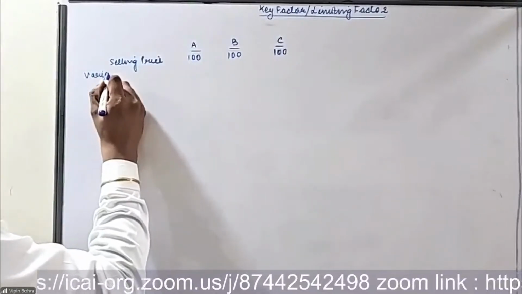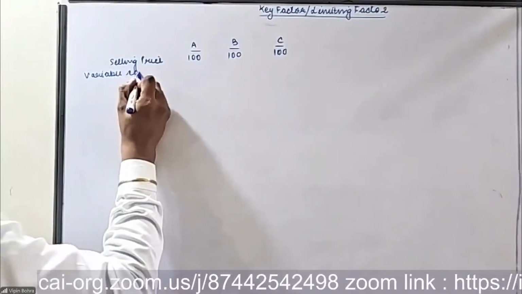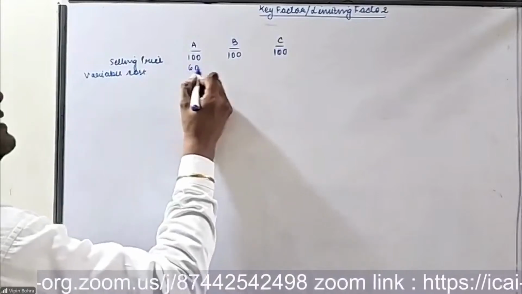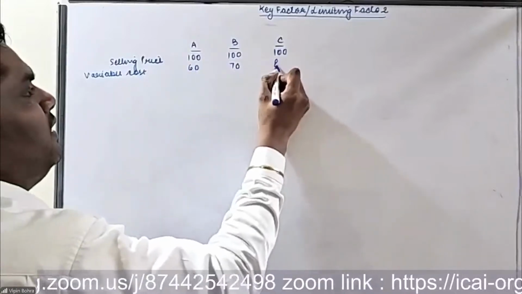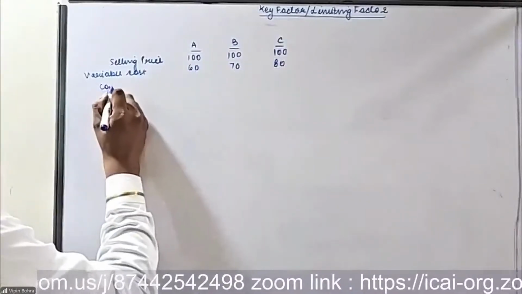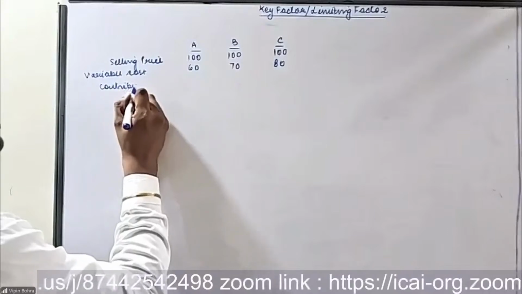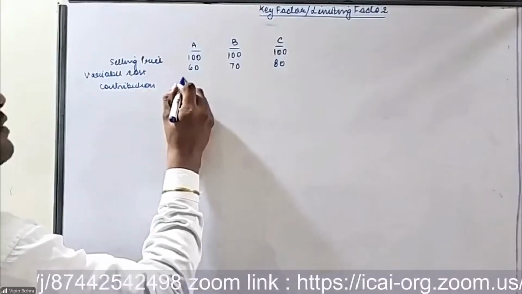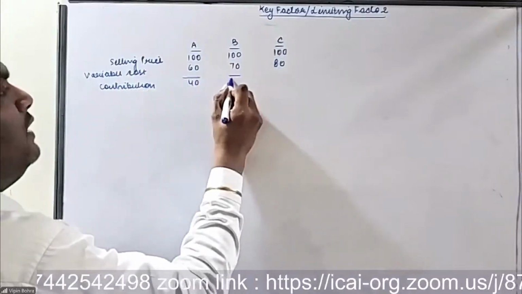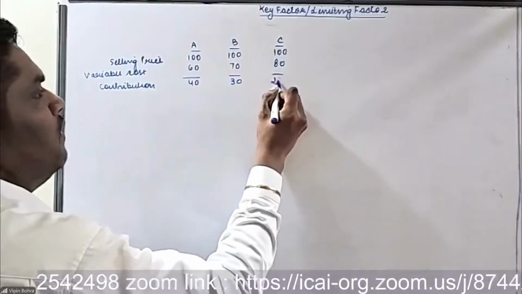Further, the variable cost is also given, that is 60, 70, and 80. Therefore, my contribution will be 40, 30, and 20.